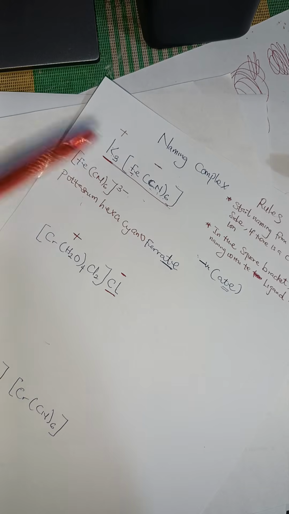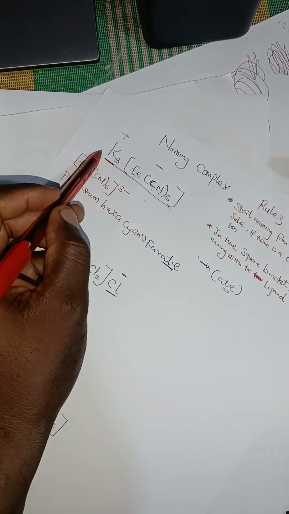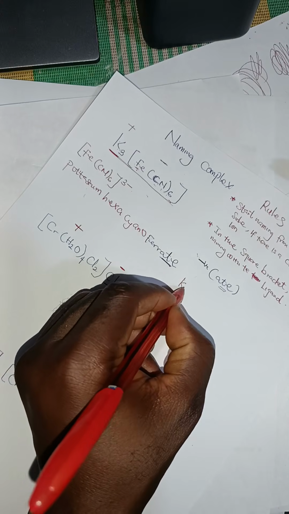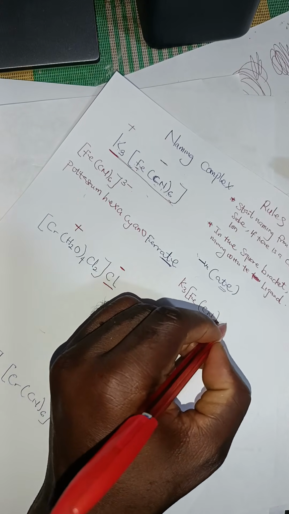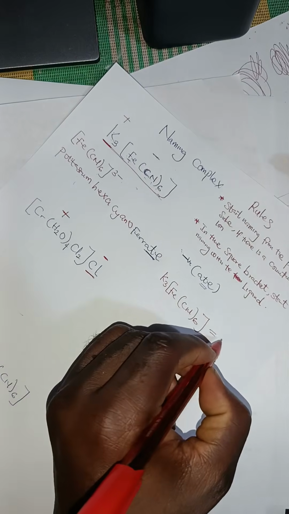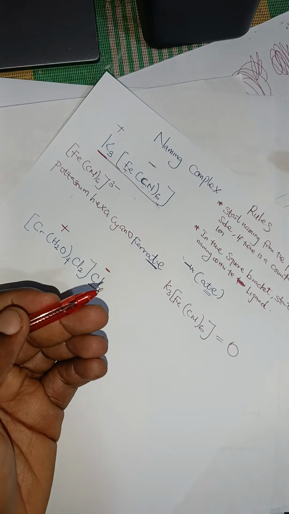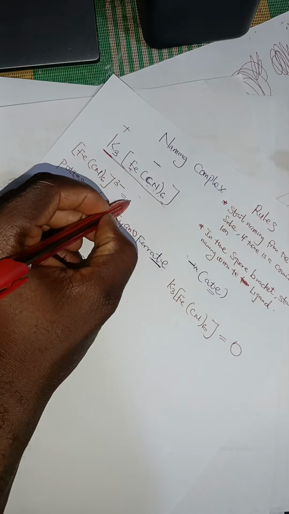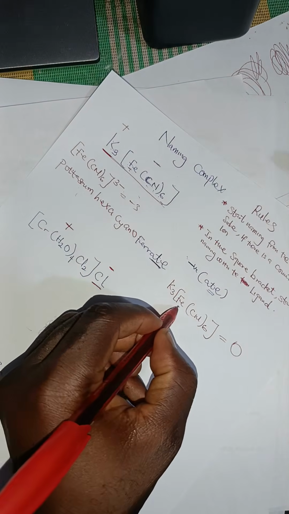Any one of them is okay. If I'm taking it as a whole, you know that this is a compound. That means K3, Fe, CN, 6. If I take it as a whole like this, the whole charge is equivalent to 0. But if I'm using it like this, everything is equal to minus 3. I believe you know how to calculate oxidation state. Do you understand?